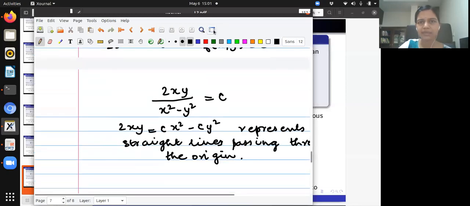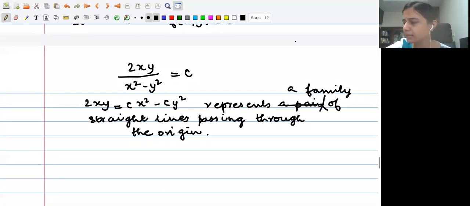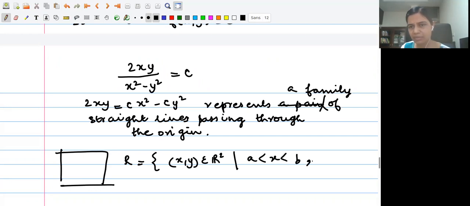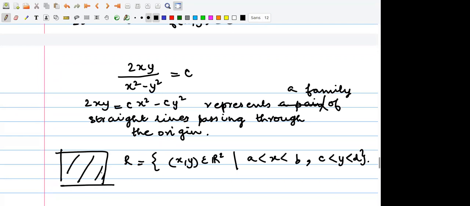I'm looking at a rectangle in R2, a box like this, which means all the points (x, y) in the R2 plane where x varies in some interval (a, b) and y varies in some interval (c, d). And this is open. This is an open set. That's all. Is that okay?